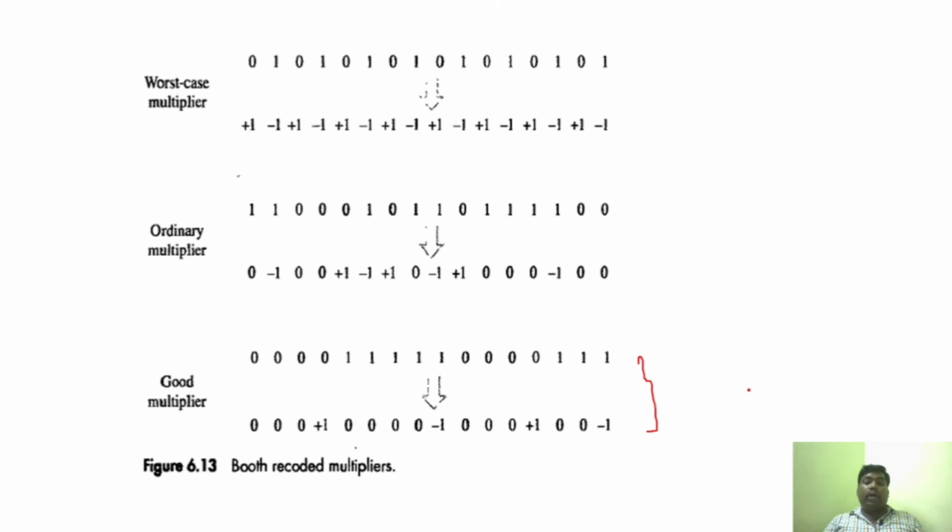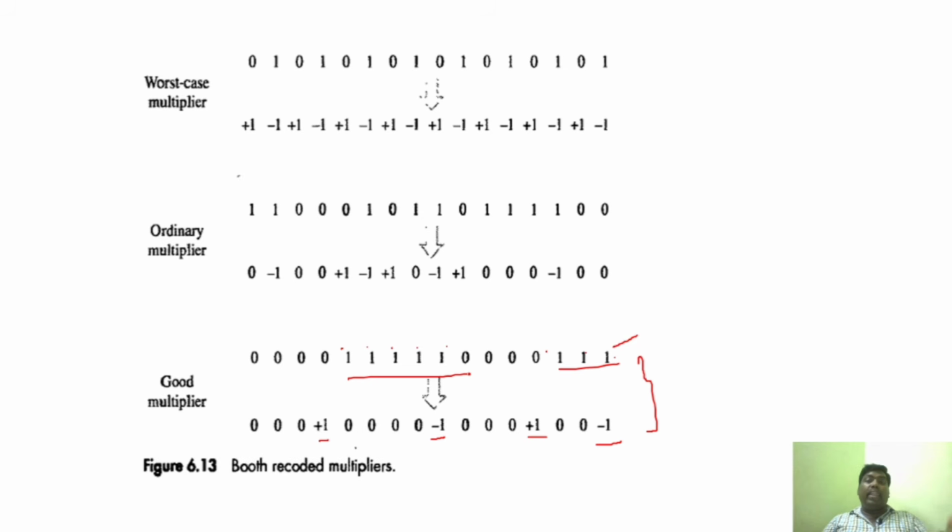And if you see this one, this is the normal multiplier. How many ones? 1, 2, 3, 4, 5, 6, 7, 8, right? So there will be 8 operations. If I use Booth algorithm, 1, 2, 3, 4, only 4 operations. So this is a very good multiplier, because we have more consecutive ones here, right?